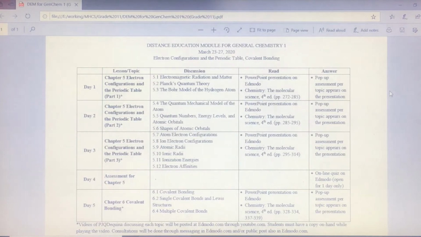If you have more time for reading, you may consider reading Chemistry: The Molecular Science, 4th edition by Moore and Stanitski. It's the same book that I showed to you during the class last time.